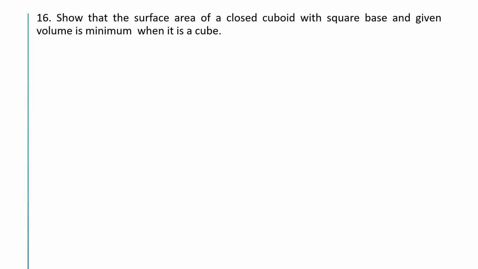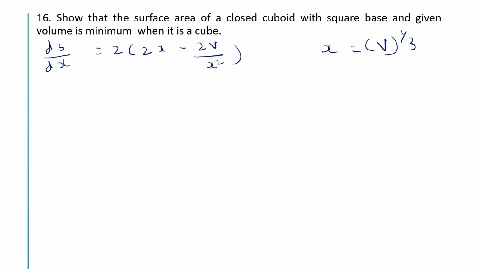Let me continue here. So we got ds by dx as 2 into 2x minus 2v by x square. When we equated it to 0, we got x as v raised to 1 by 3.